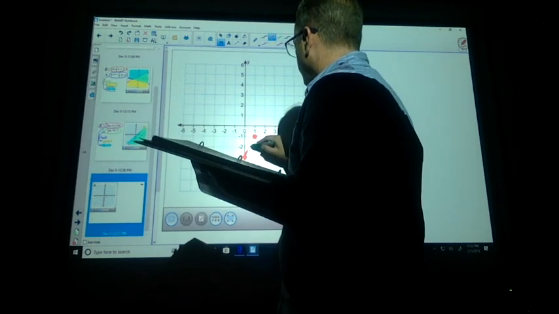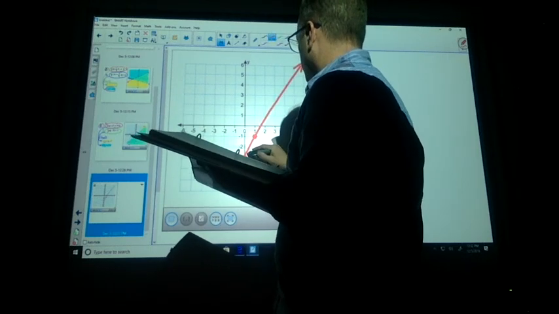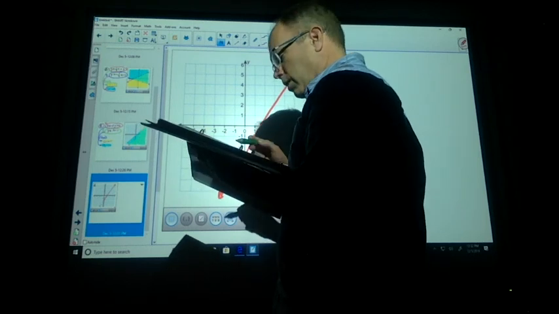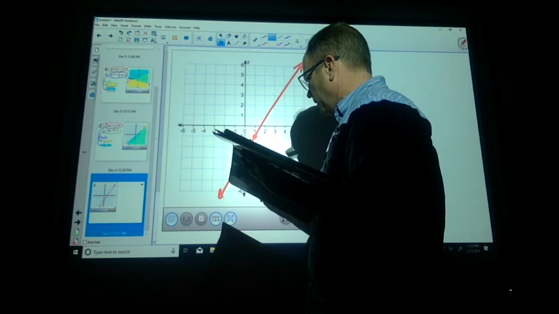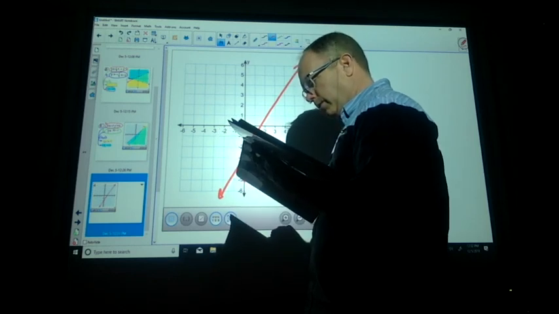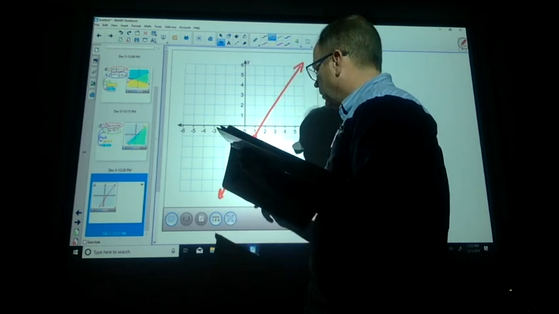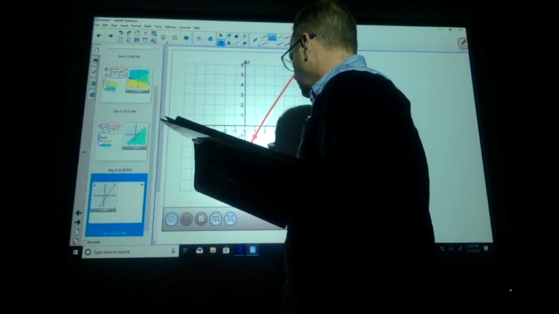Solid line, right? All right. That's a solid line. And then this one looks like it's at -5, I believe. Maybe -2, -4. Maybe about there.